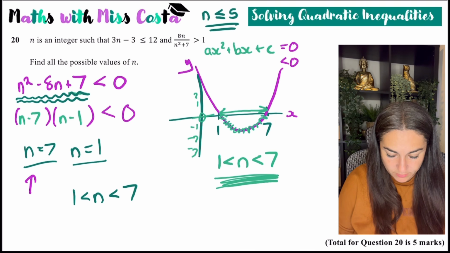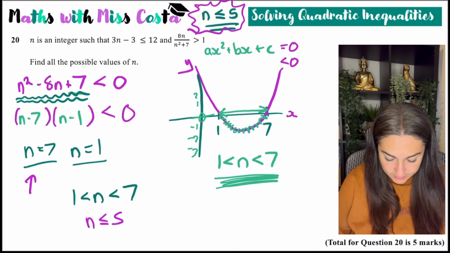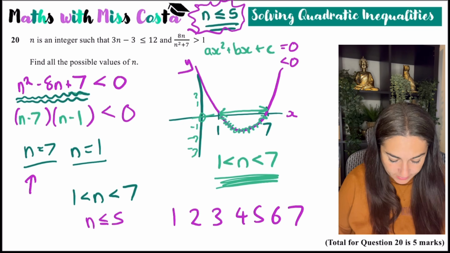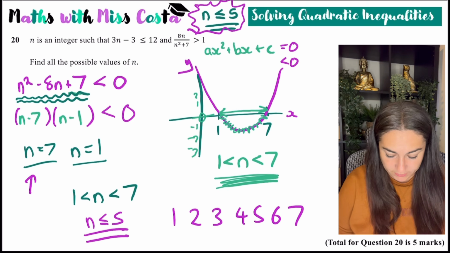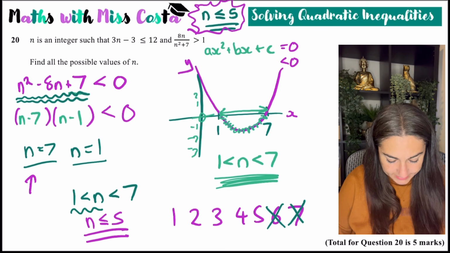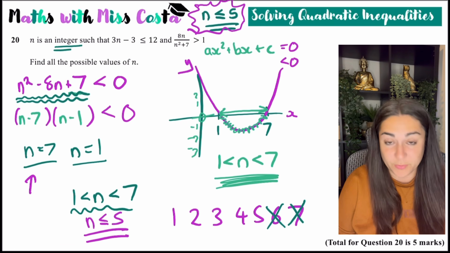I also know from previous working out that n is less than or equal to 5. So here, if I imagined I've got 1, 2, 3, 4, 5, 6, 7, I know n has to be less than or equal to 5. So that already gets rid of these two. I know that 1 is less than n, and I know that n is an integer, which means a whole number.